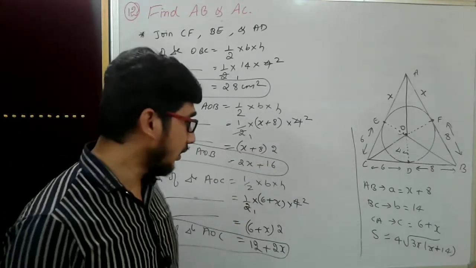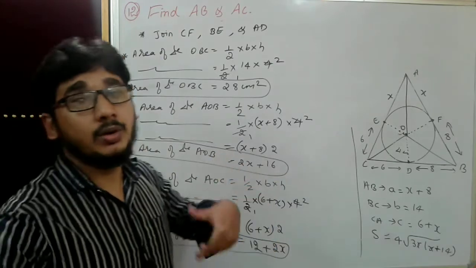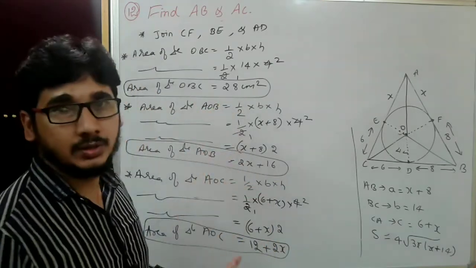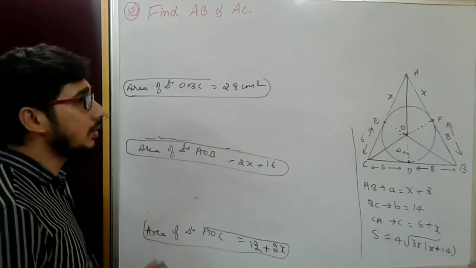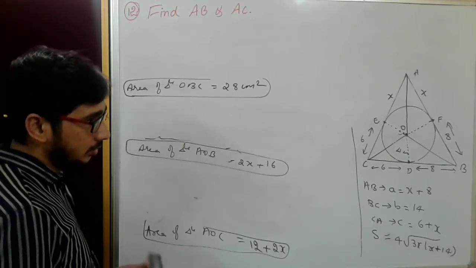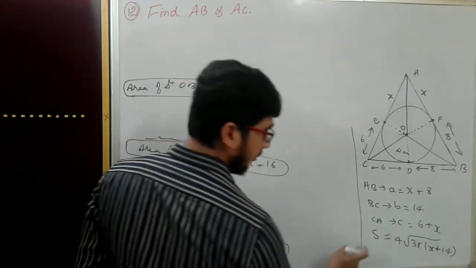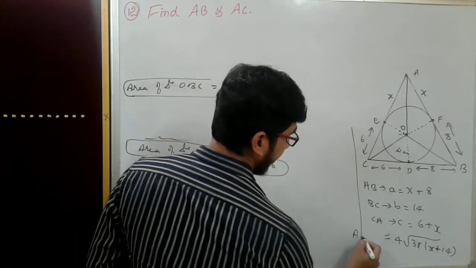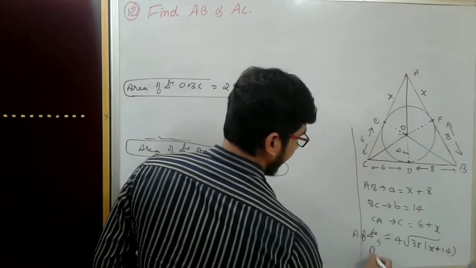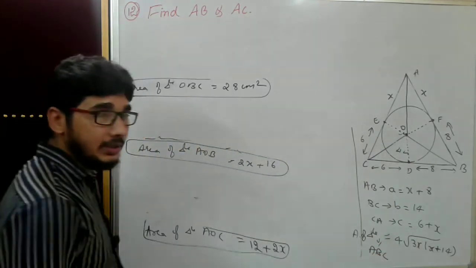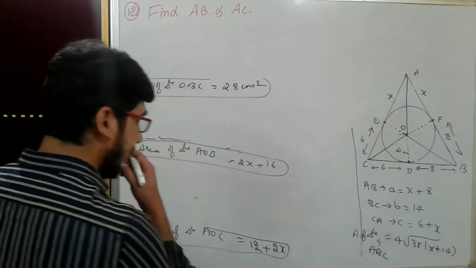Let me erase this so that I can compare the complete area and the area by parts. Okay, these are the parts areas. Now we have to compare with the complete area. This is not S, this is the area of the complete triangle ABC.